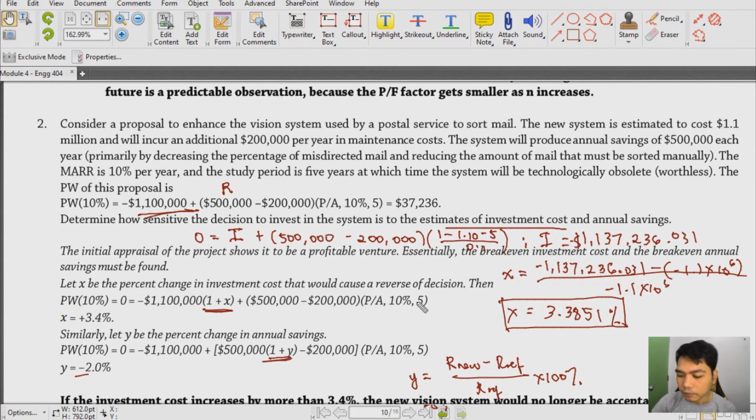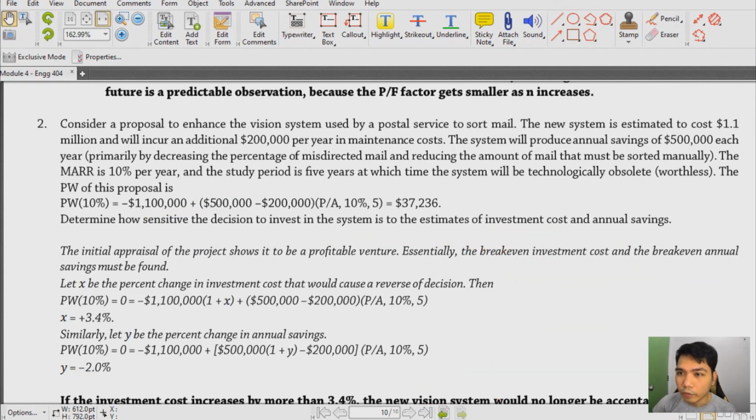So yun lang yun. That's it for the sensitivity analysis, and we could just say na, or we can conclude na the decisions to change in the investment cost, any movement that is beyond 3.4% from the investment cost would yield to a reversal of decision.